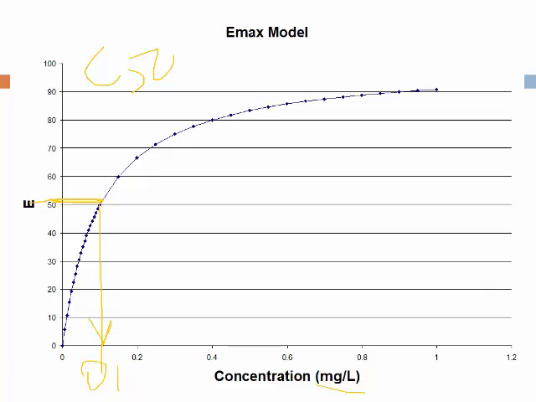So our C50 is 0.1 milligrams per liter. Our Emax is 100%. This is a percentage. I should say that on there, I'm sorry. So our Emax is 100%. And as we increase our concentration, we will see a gradual increase in effect, and then it will flatten out up here.